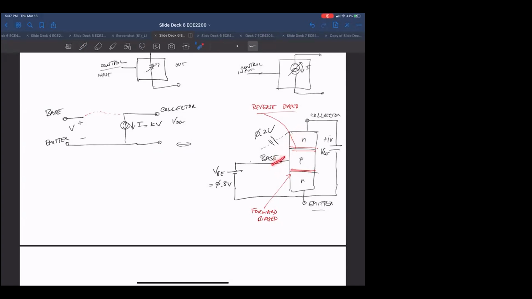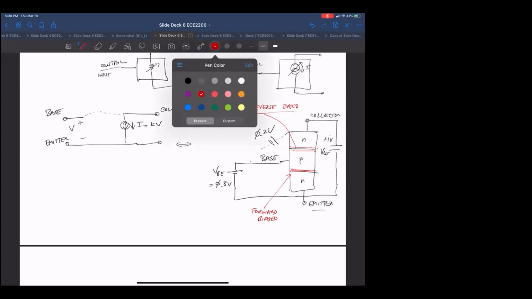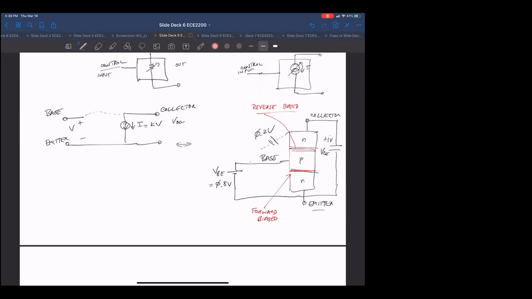So if I was going to draw what this circuit would look like under reverse bias, if you guys remember, under reverse bias what we had was essentially a capacitor.